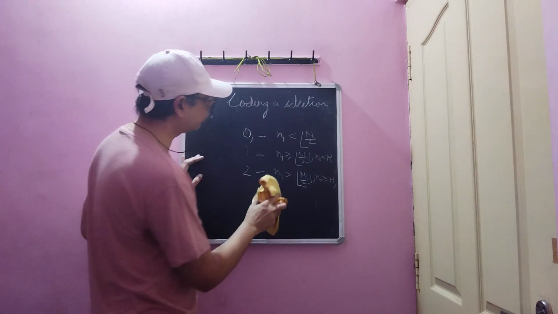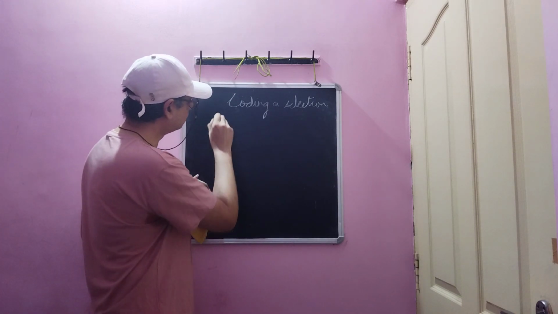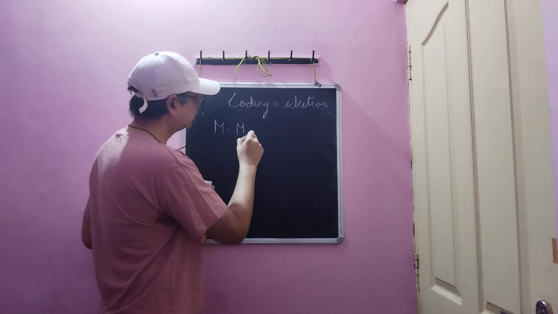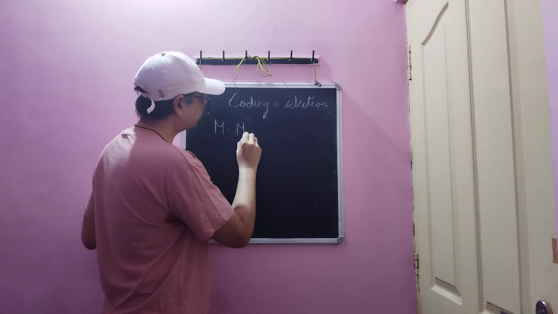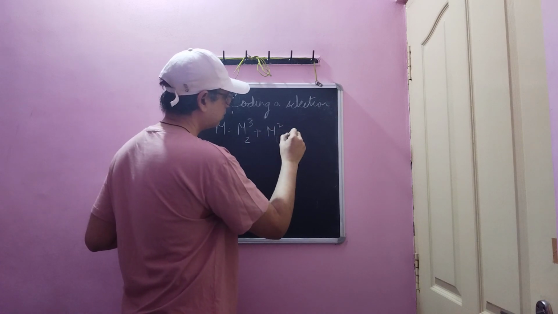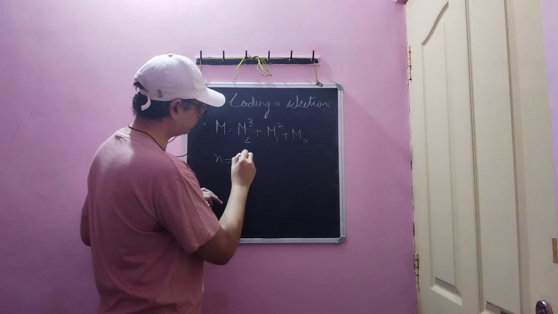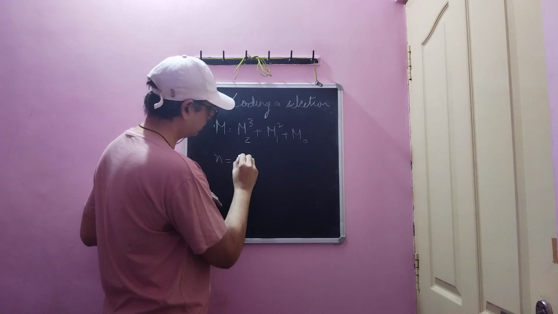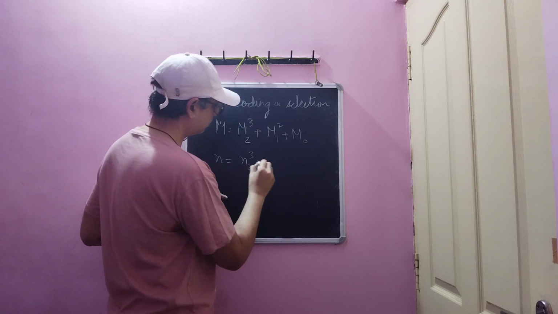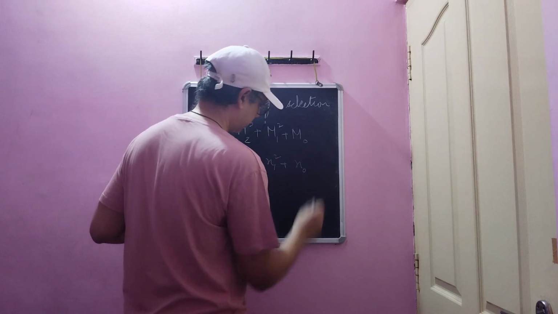Now this can be improved by expressing it as a cube, or taking the cube root. If m is itself expressed as m2 cube plus m1 square plus m0, likewise the value to be coded is also expressed as n2 cube plus n1 square plus n0.